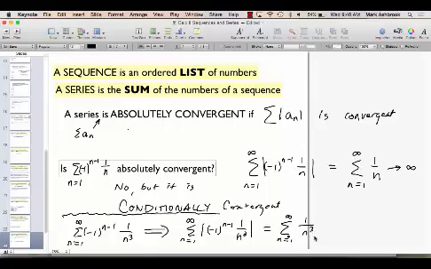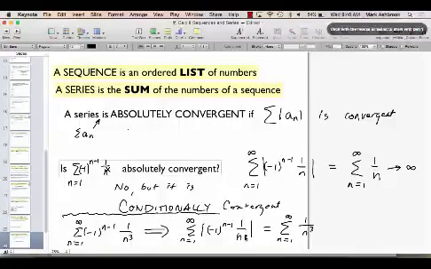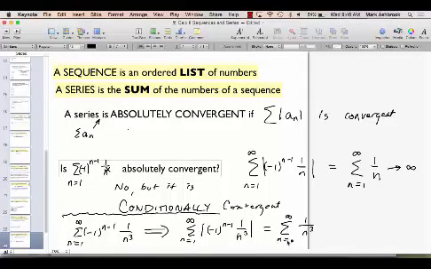Just 1 over n cubed. That should be a 3. So, absolutely convergent, conditionally convergent, or divergent? The original series over there to the left. What do you think?